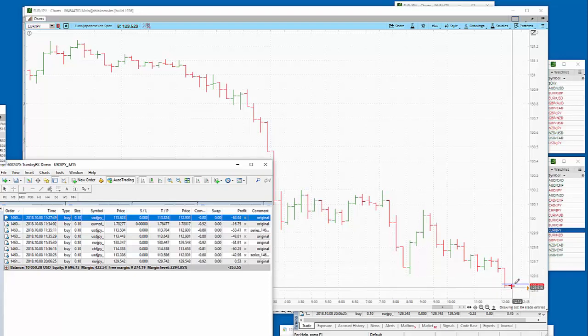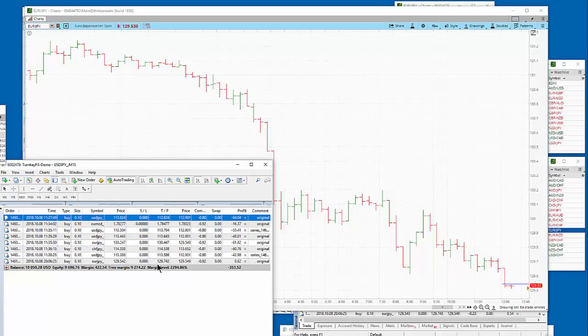Now, if this bar comes up above this price, we don't have to wait for the EA to put a profit stop on the trade. If we want to, we can put a profit stop on the trade ourselves, manually. And that way, once it's profitable, if we want to put a profit stop on it, we can do that, right? No problem with that.